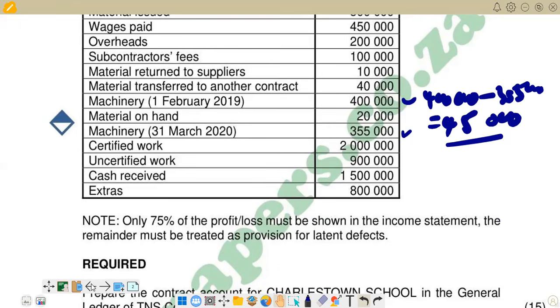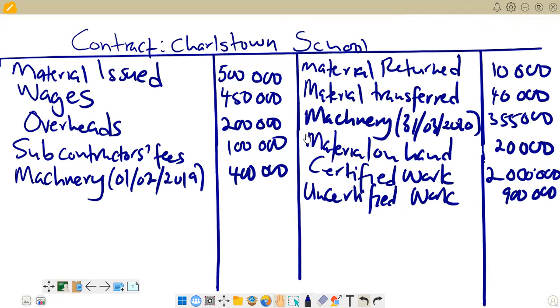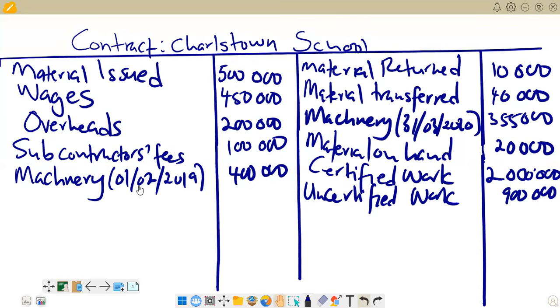So if you come here, we add the total for the credit side and the total for the debit side. Then we compare. Where we've got a smaller figure, that's where we are going to have the balance and the calculation of that 75%.